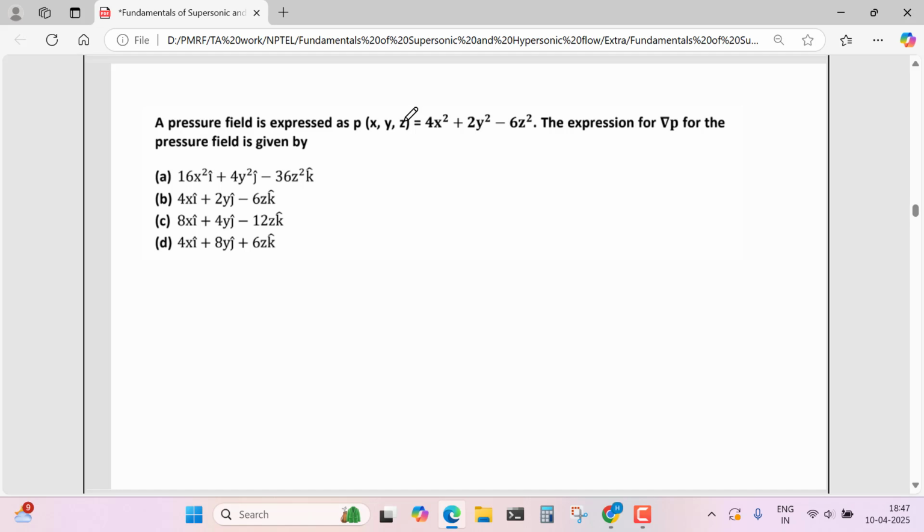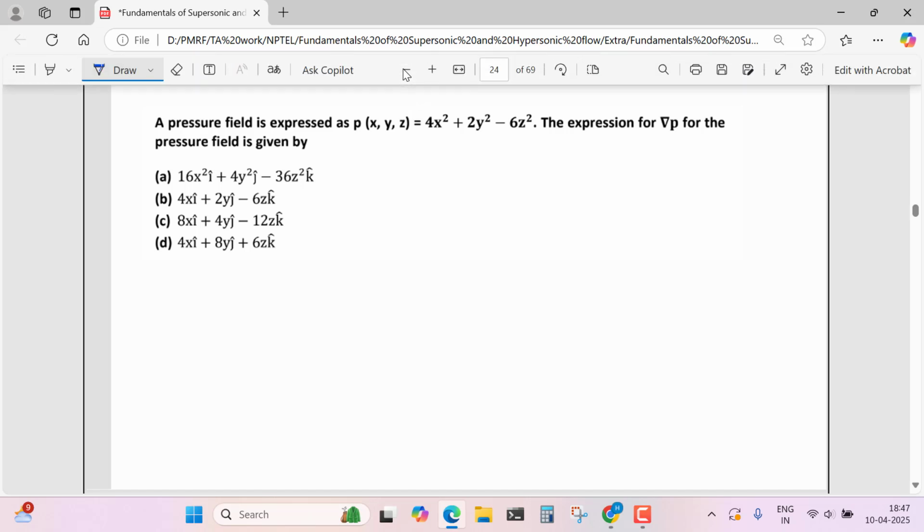Option B: 4x i cap plus 2y j cap minus 6z k cap. Option C: 8x i cap plus 4y j cap minus 12z k cap. Option D: 4x i cap plus 8y j cap plus 6z k cap.